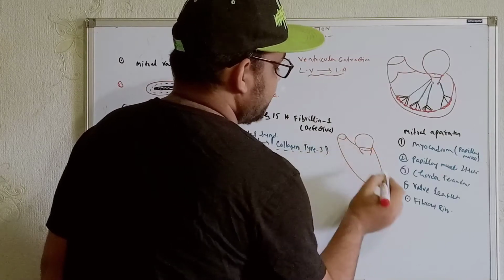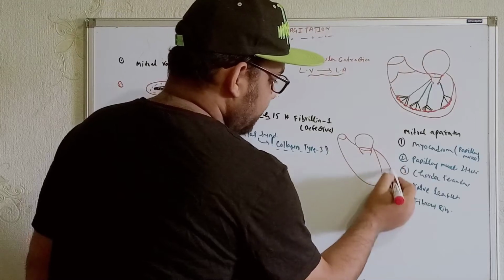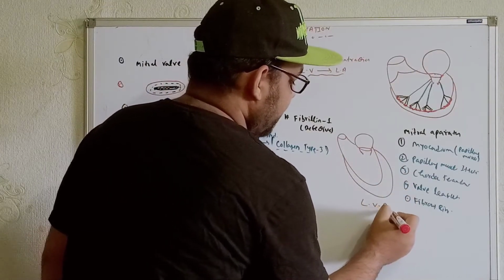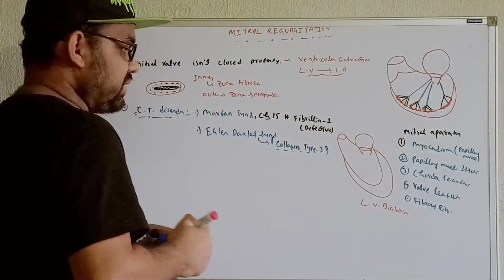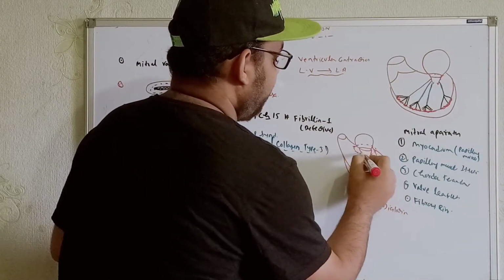Try to understand what I want to say. Whenever we get dilation of the left ventricle, in the same way there will be dilation of the fibrous ring.